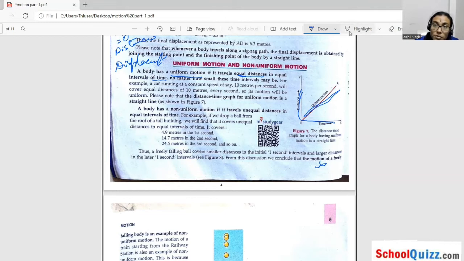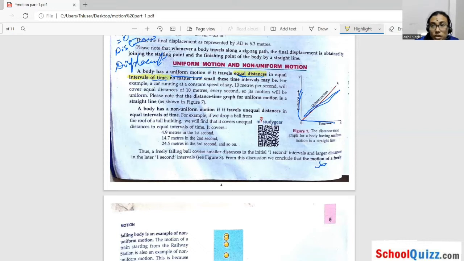So what will be the important point here? Actually, I'm highlighting it. First is equal distance in equal interval of time. These two lines you have to remember.